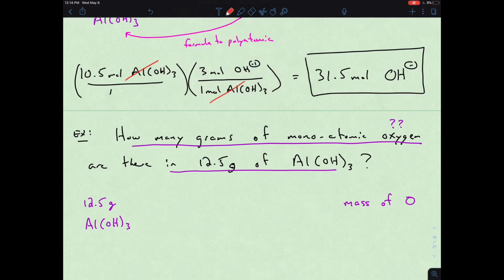And we can see there's our oxygen that we're looking for. So how much of that oxygen is in this 12.5 grams of aluminum hydroxide? Sometimes, looking at these two disparate features, you might wonder, what am I supposed to do? Where do I begin? A lot of times I think of a retro analysis, meaning I start from the ending.